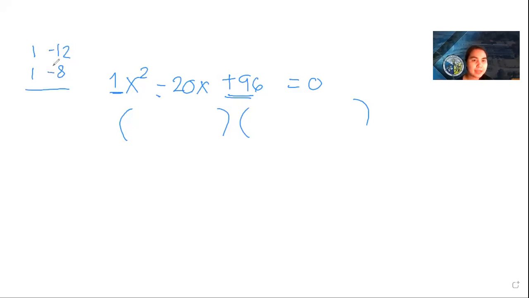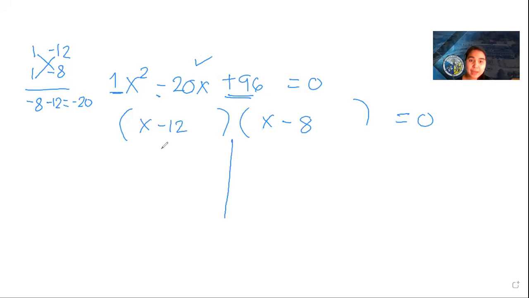Let's cross multiply. Negative 8, the other, negative 12. The answer is negative 20. Check. So the factors are x minus 12 and x minus 8 equals 0. You draw a bar, x minus 12 equals 0.